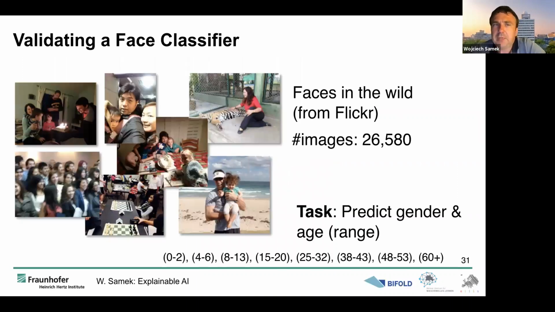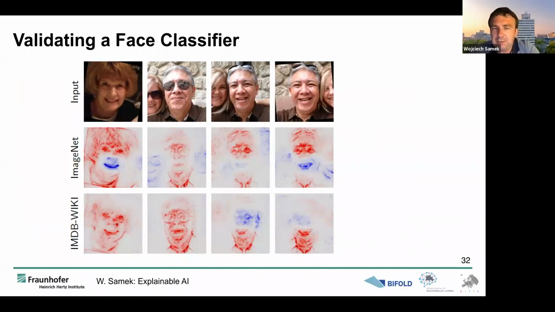This was just one example from the old times, but if you look at more recent ones, for example, we trained a face classifier, a deep neural network to classify the age and the gender of the person, or age and sex of the person. Age was classified in different age ranges. And apparently this classifier also had a Clever Hans property, at least one of them.